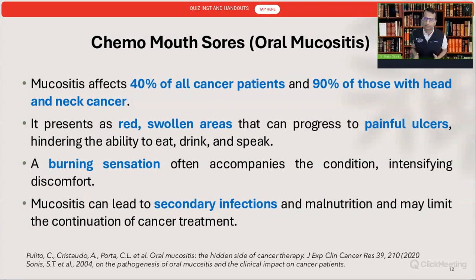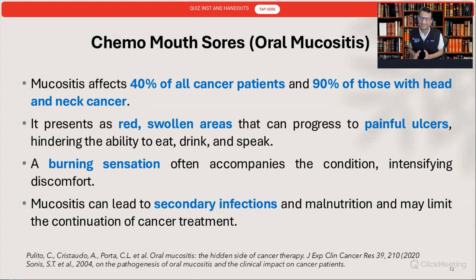Imagine a situation where a mother has gone for treatment related to head and neck cancer, or cancer in general. After coming back home, the kids are waiting for their mom, but the mom is not able to talk to her kids because of mouth ulcers or mouth sores. I just want to give you a scenario.